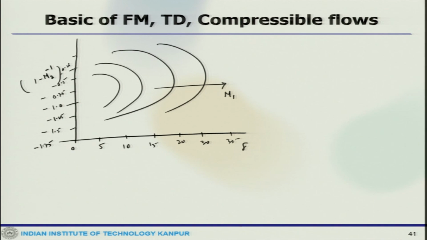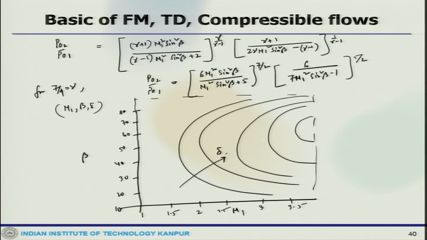So, instead of using those complicated equations, one can use these two curves, where when you have the upstream Mach number, for a given value of delta or wedge angle, you can find out the beta, or given a beta and M1, you can find out delta.